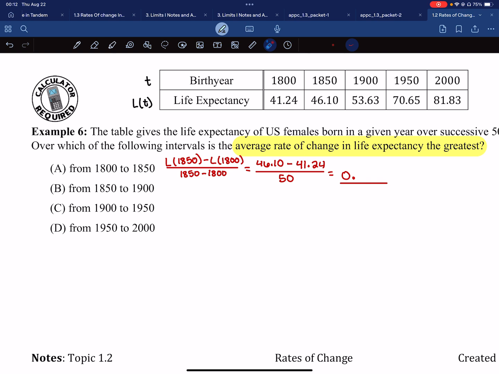And if you're able to get a calculator, go ahead and get all 4 decimals. So example 6, again, I want you to write this out for each one. So changing the 1850 and 1800 to the new intervals, and then using the table to help you set this up. And again, if you have access to a calculator, I want you to type those in.